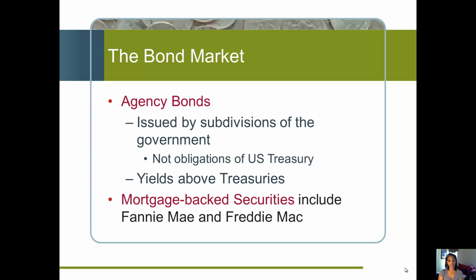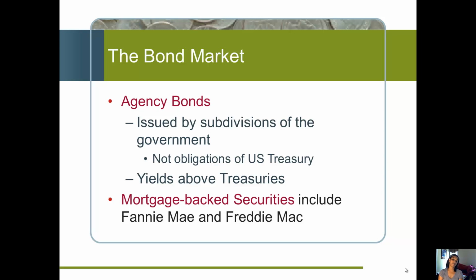Now, an agency bond is issued by some subdivision or agency of the government. That means it's not going to be an obligation of the Treasury, but it could maybe be issued by Fannie Mae or Freddie Mac, which are real estate related agencies. And their yields are going to be a little bit higher than Treasury yields because they're not risk-free like Treasury securities. So, actually, I spoke too soon about Fannie and Freddie.